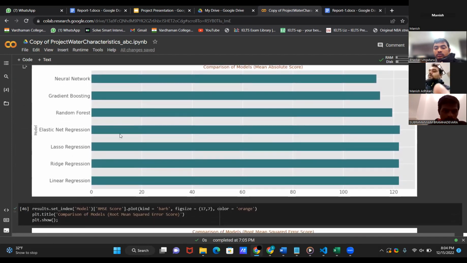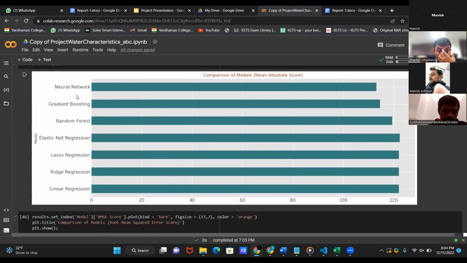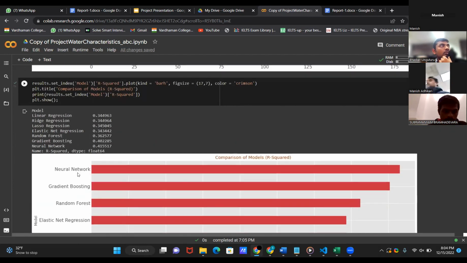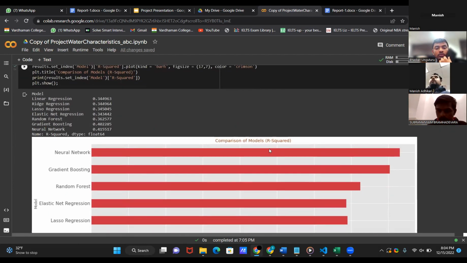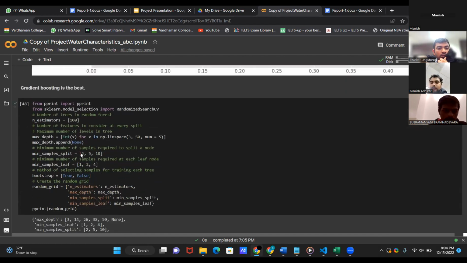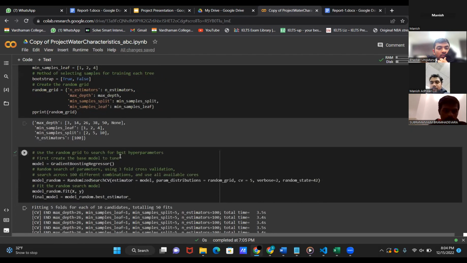You can see the mean absolute score for each and every model on total solids. If you see here, we get neural network's score is high. We are using that.